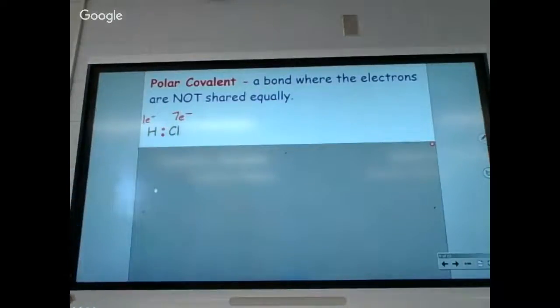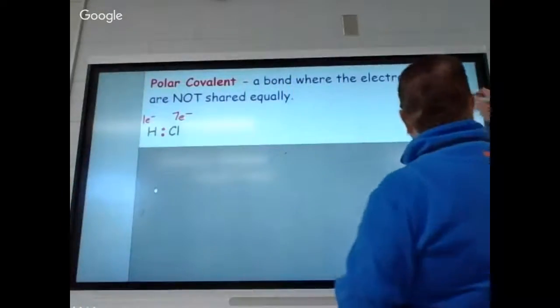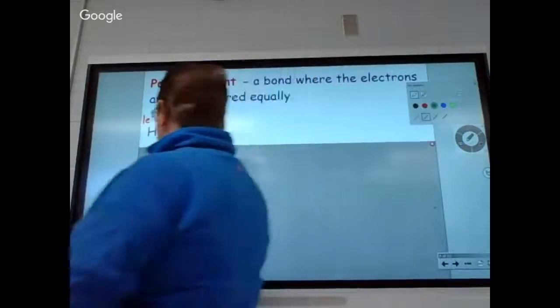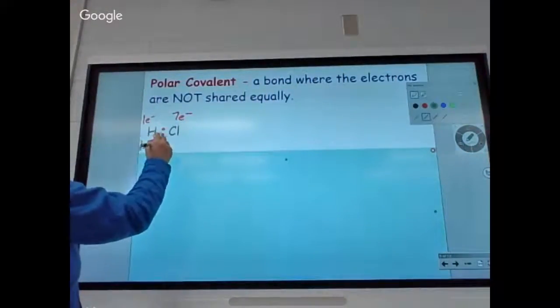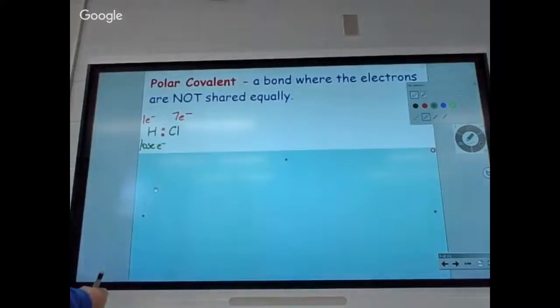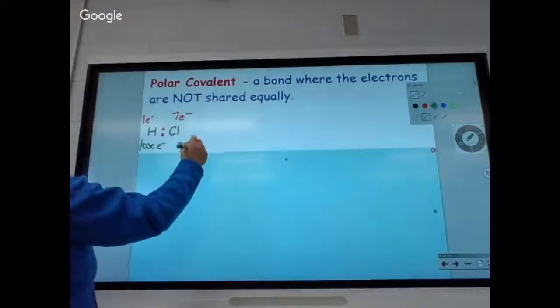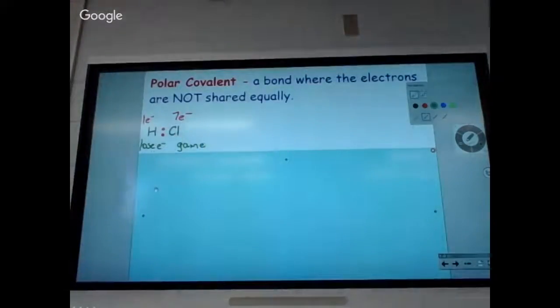Now, based on what we did before, everybody in group 1 wants to do what with its electron? That's right, it wants to lose. And everybody in group 17 wants to do what with its electrons? Gain. So if group 17 wants to gain electrons and group 1 wants to give them away, are those electrons being shared equally?